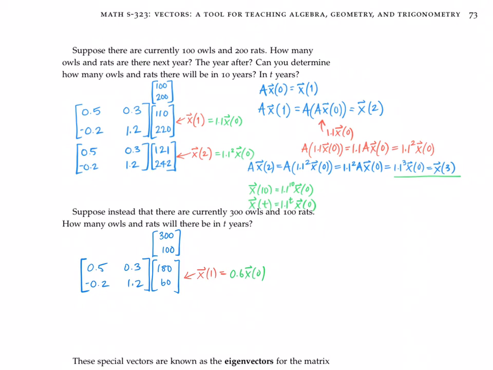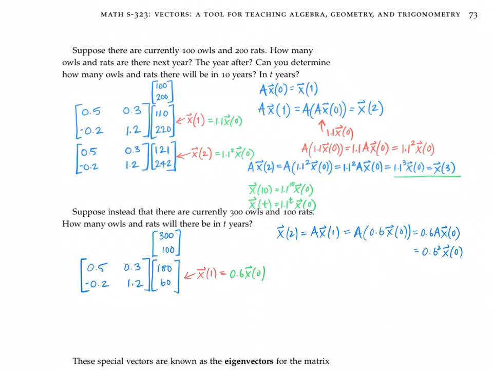And so as we can anticipate, we know that x of 2 would be A acting on x of 1, which is equal to A acting on 0.6 times x of 0, because that's what x of 1 is equal to, which by linearity is the same as 0.6 times A acting on x of 0 alone, which is 0.6 times 0.6 times x of 0, because the result of A acting on x of 0 is just taking x of 0 and multiplying it by 0.6.